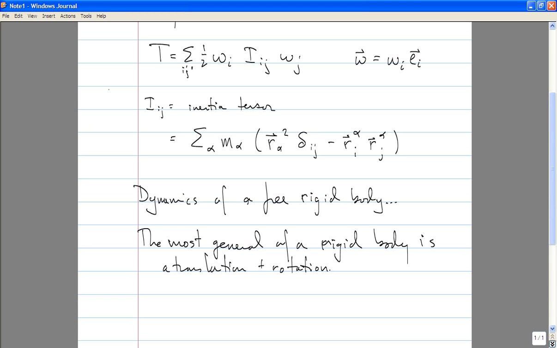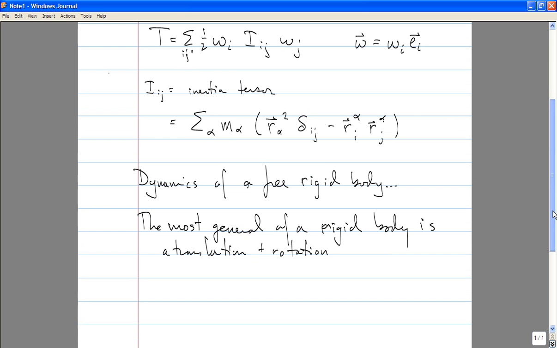So if we imagine that we start out with a rigid body with some fixed position and orientation, then the configuration space, the space of dynamical variables, will include the translations of this object along with possible rotations of this object.